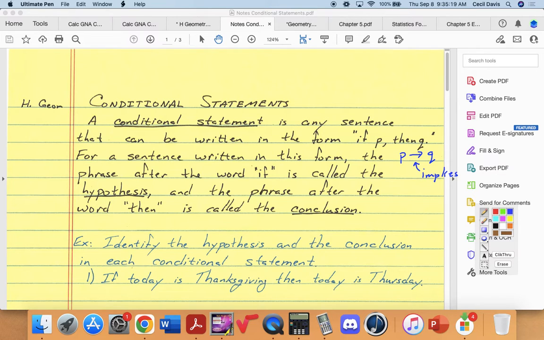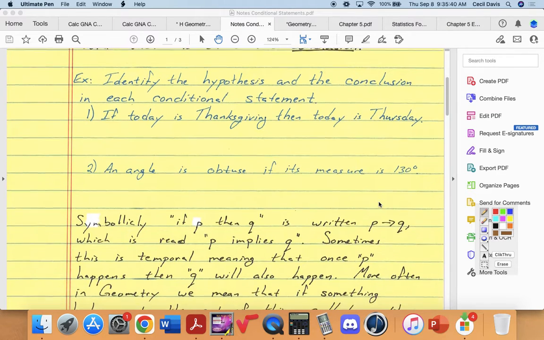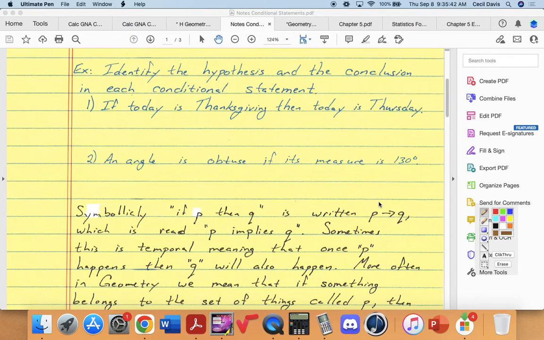So the hypothesis are the conditions that need to be fulfilled. The conclusion is, well, what do we know about it after these conditions have been filled? Okay? So we're going to do a little bit of this. We'll do one that is time-bound just to show you how it works.